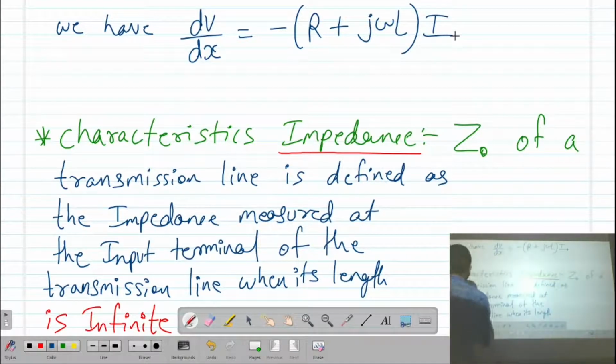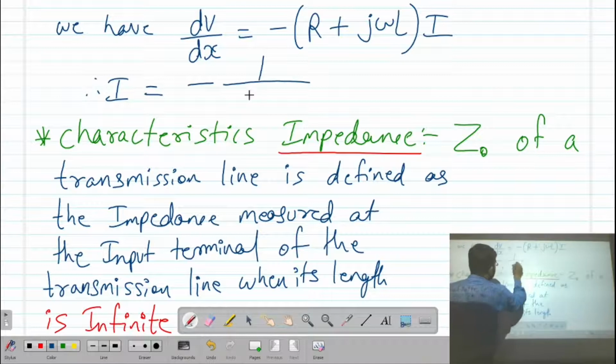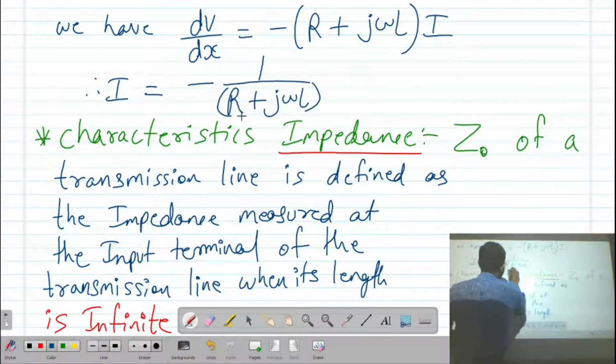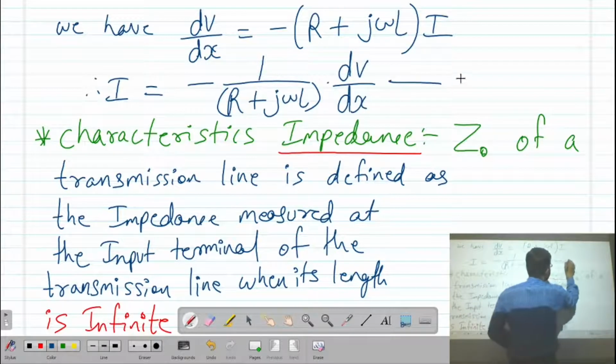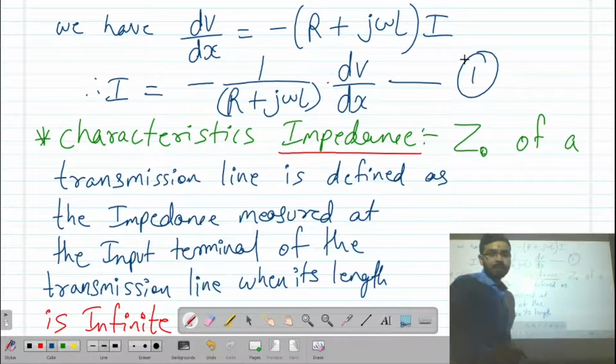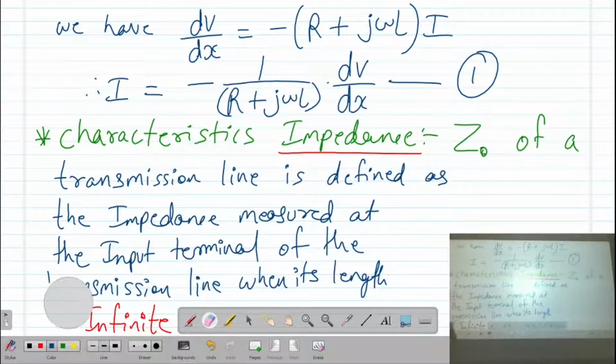Therefore, I is equal to minus of 1 by (r plus j omega L) into dV by dx. Let us say this is equation number 1.